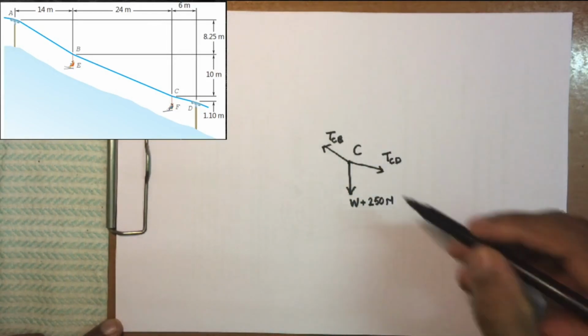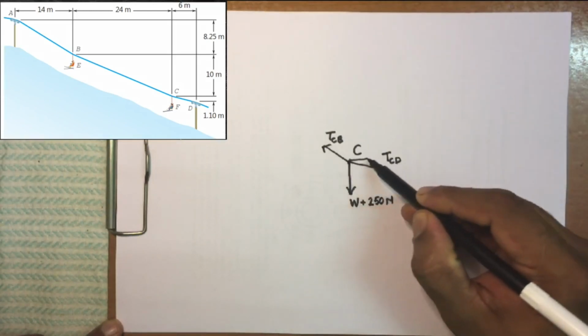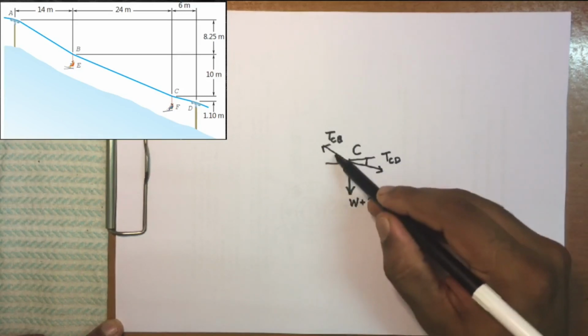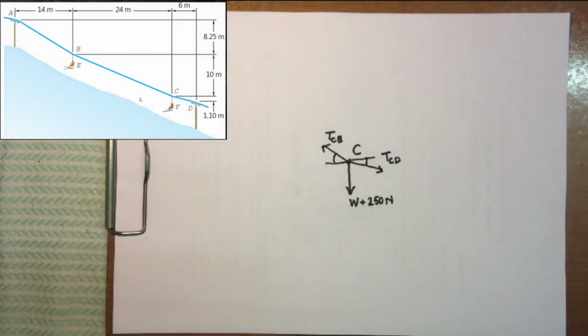Yes, I can definitely find the angle from the given figure and then fill up these angles as well, because they are given here directly and they are given here based on the length. So if you look at the stretch BC, it is 24 meters in the x direction, 10 meters in the y direction. So from that I can definitely find out the angle.